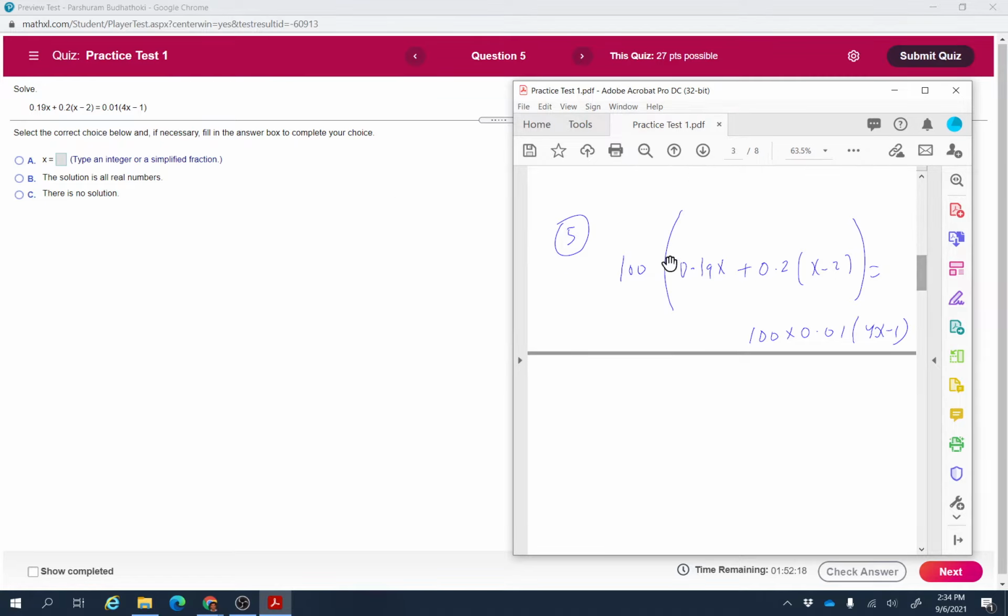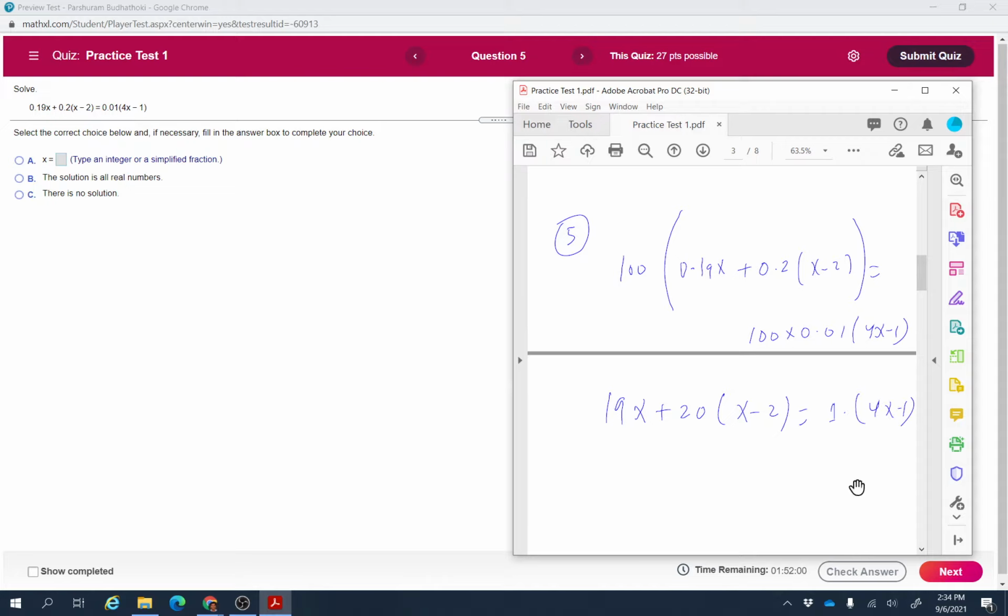So if you distribute this 100, this 0.19 becomes 19x, this 0.2 becomes 20, there is x minus 2. 100 times 0.01 is 1 times 4x minus 1.